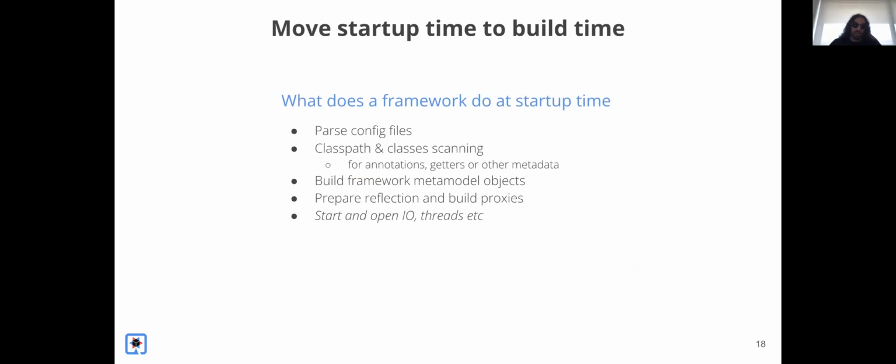Okay, so again, these are just a couple of other examples of what an application does on startup time, right? As you know, Java is very heavy on things like reflection and proxy building. So that's another thing that we do: we try to remove as much reflection and proxies as possible, right?